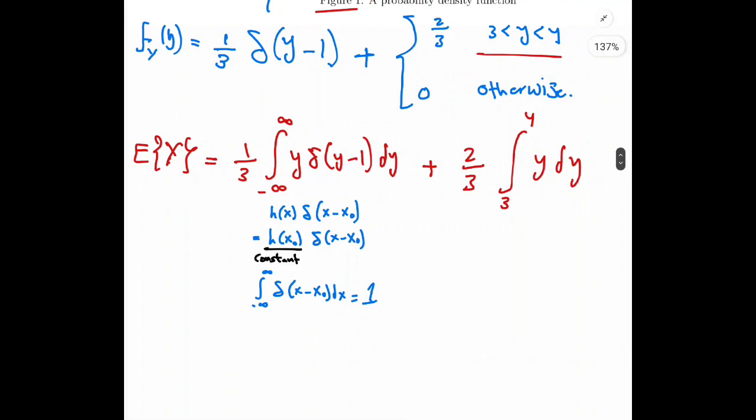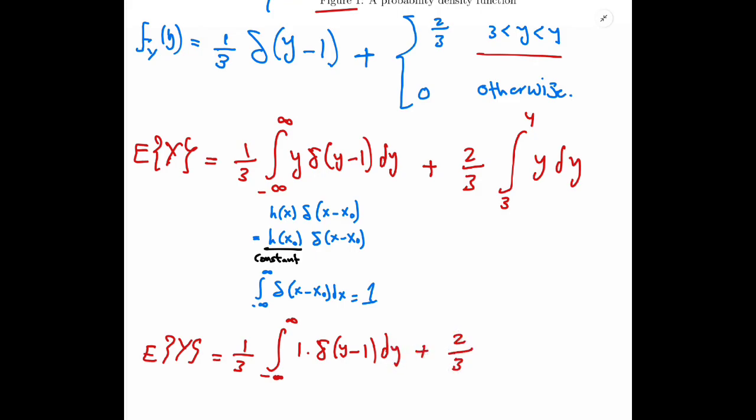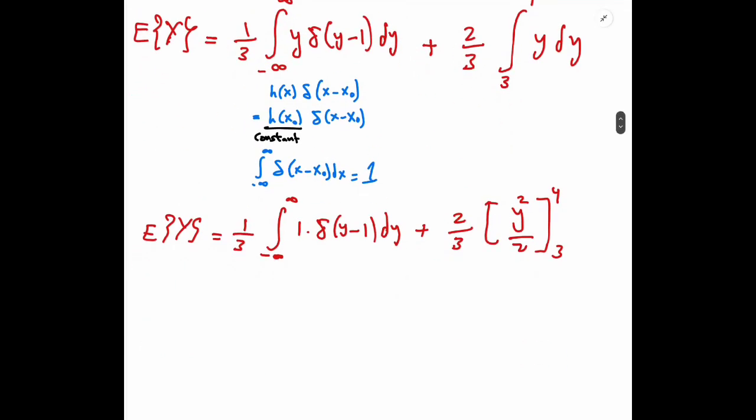So in this case, the expectation of y becomes equal to 1/3 integral from minus infinity to infinity 1 times delta y minus 1 dy plus 2/3 the integral of y, which is y squared divided by 2, from 3 to 4, and this will be equal to 1/3 times 1 plus 2/3 times 1/2 times 16 minus 9.